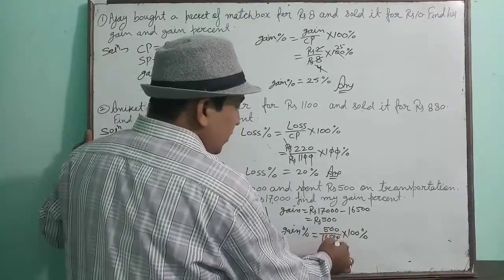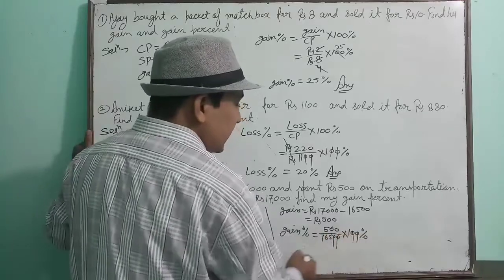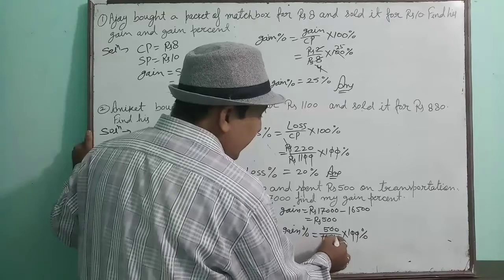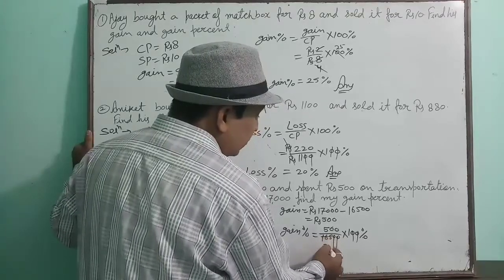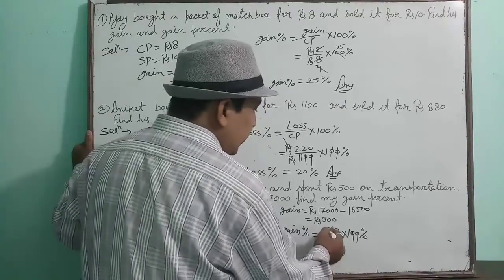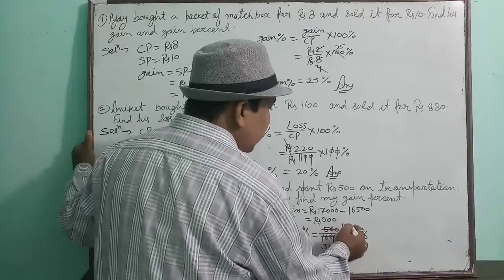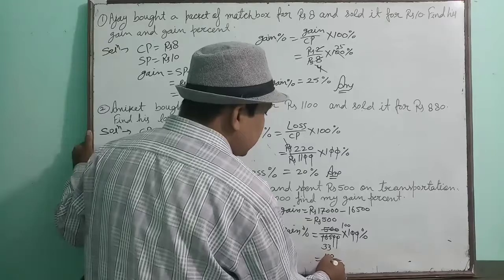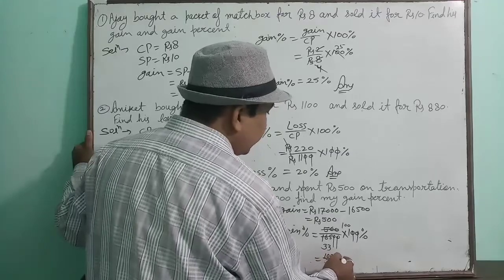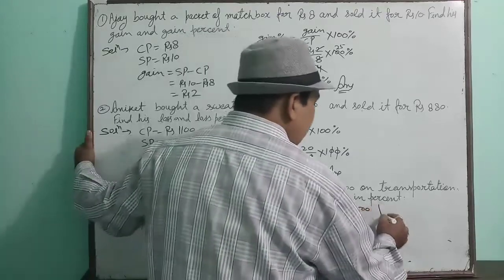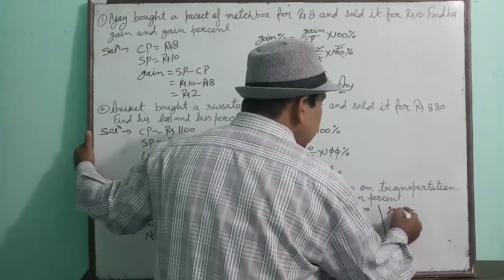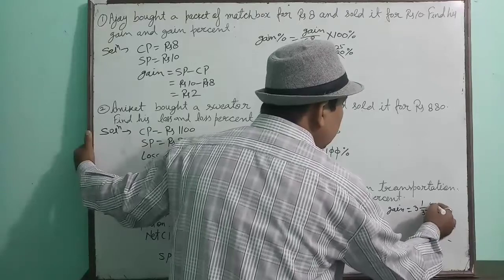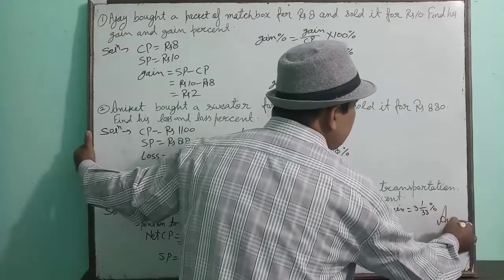Now see, both the zeros cancel each other. 5 dividing 165 by 33, 5 dividing 500 by 100 times. That means gain percent is 100 upon 33%, which is 3 and 1 upon 33%, children.